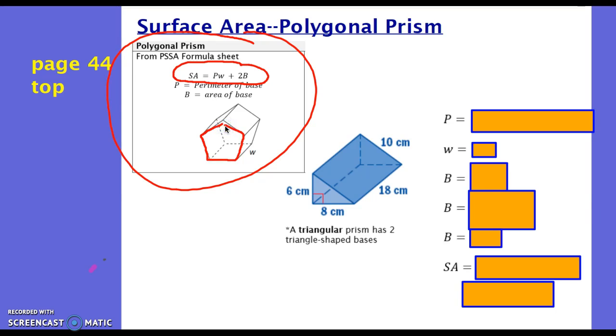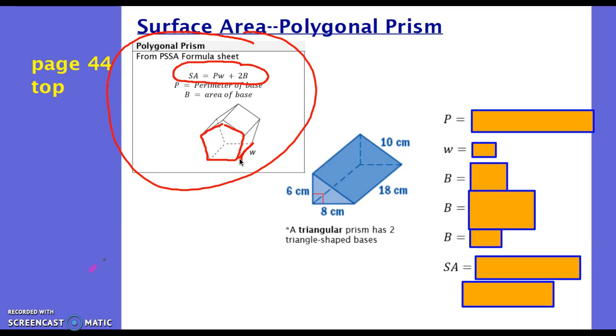We're going to multiply it by the width or the height, and when we do that, that actually helps us to find all of the areas of the rectangles going around the shape. And then we have to add on the 2 bases, so it's 2 times the area of the base, which we're going to use capital B to represent. P will represent perimeter, and W will represent the width.